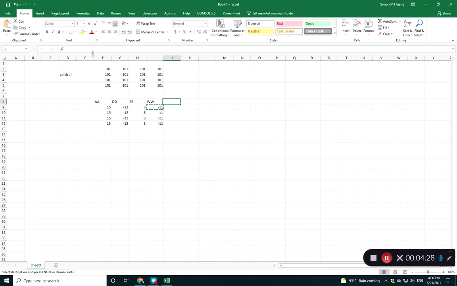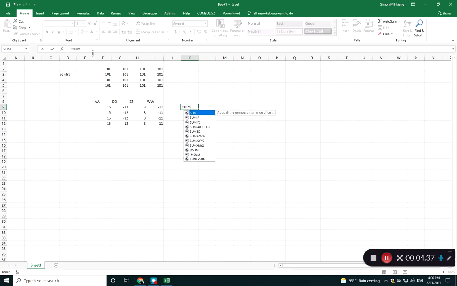Why? Because if that one is the negative of these 3, what will be the sum of these 4 numbers together? What will be the sum of these 4 numbers? Should be 0. Nada, right? And why is nada important? Because you said it's a central station. It's the center of mass.